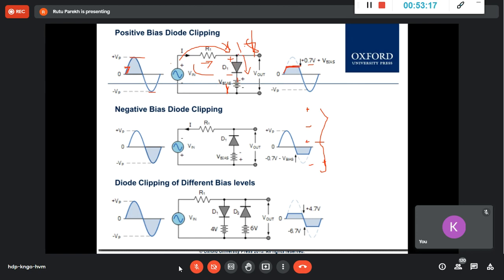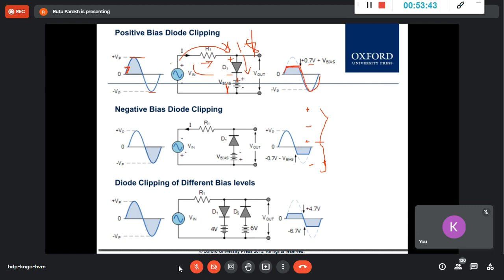And once the input gets lesser than 1.7, then 1.6 and all negative, this is not conducting for this region, and that's why your output is following your input. And otherwise this is also reverse bias, so not conducting, reverse bias is the same thing, and your output will follow the input. And this is what you see. This is the kind of waveform that you will see.